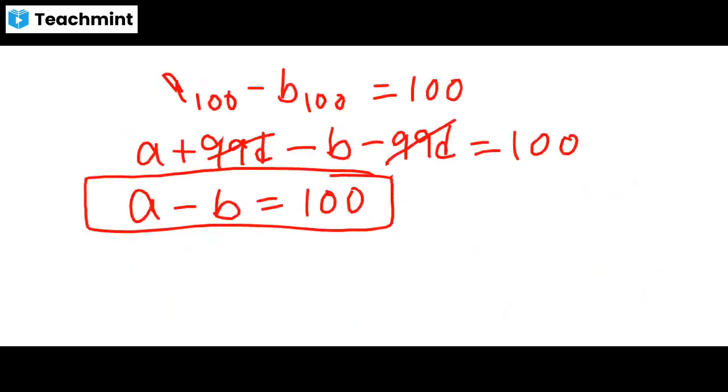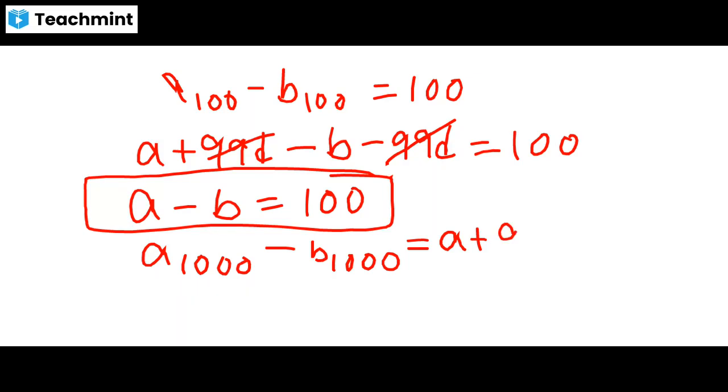Next, you try for the 1000th term. So the 1000th term, how do you write? A plus 999D. And for the second, B plus 999D, minus.